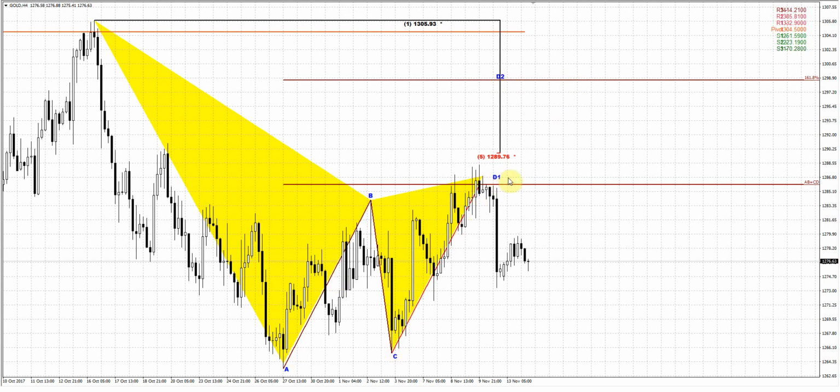Based on the technical picture, chances are not very significant, because you can see that the BC leg retracement is very deep to the AB, and usually markets never show a significant extension when the BC leg shows a very deep retracement. Also, the overall action here is very choppy.